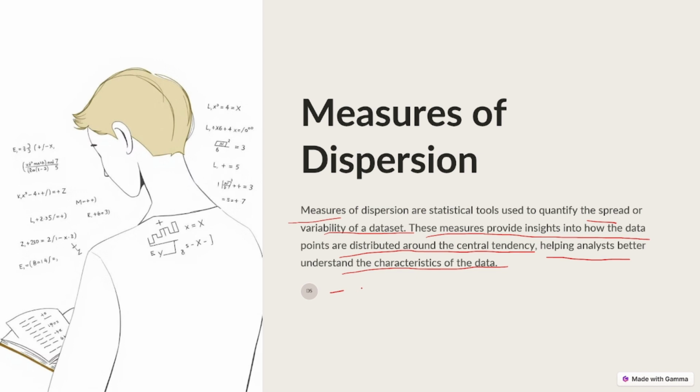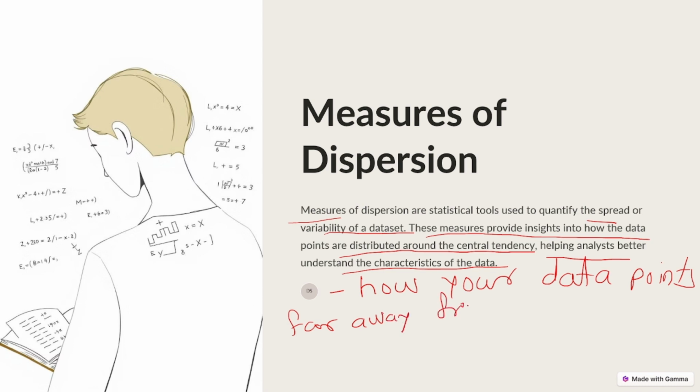So you can directly say, what is measure of dispersions? It means how far away your data points are from the measure of central tendency.